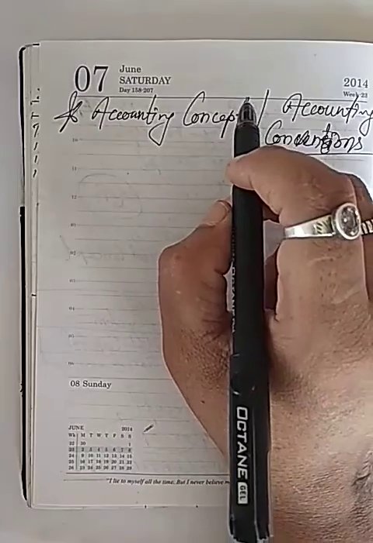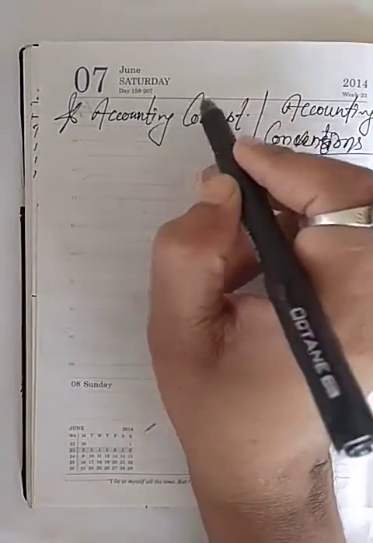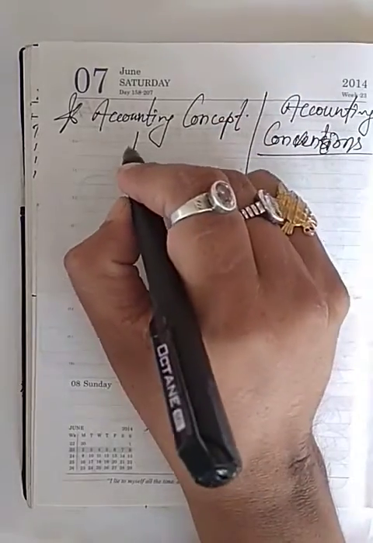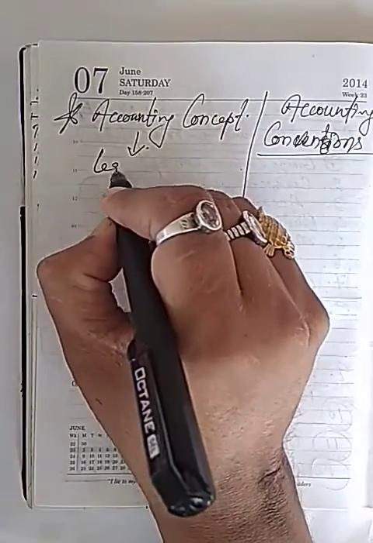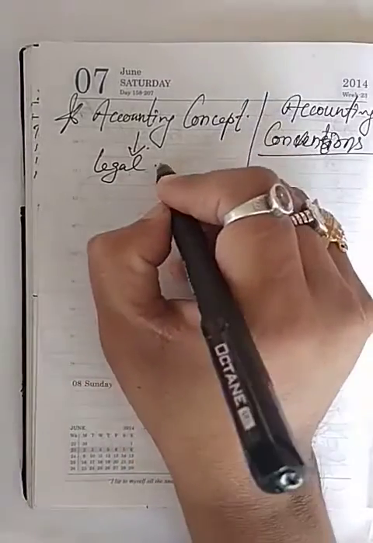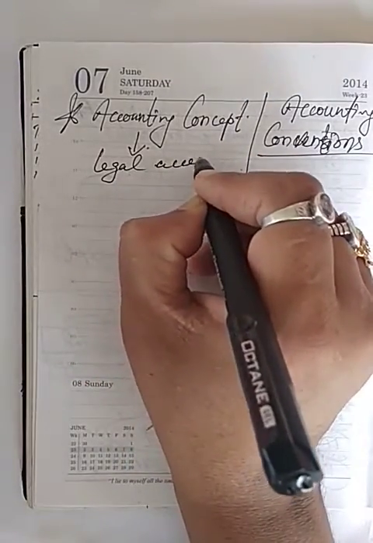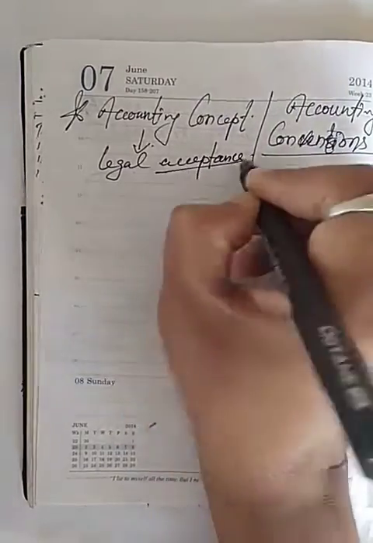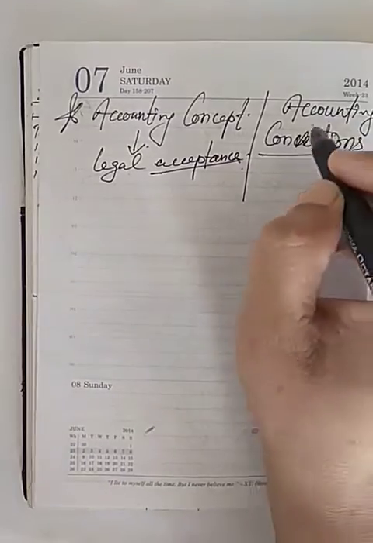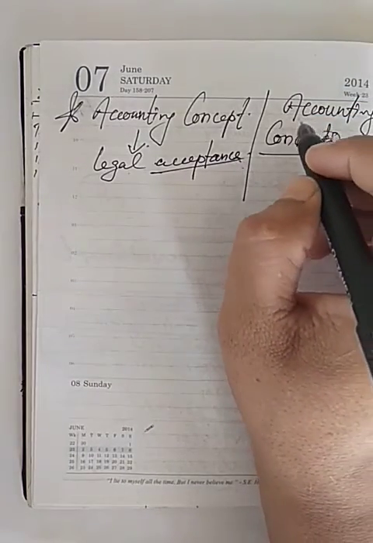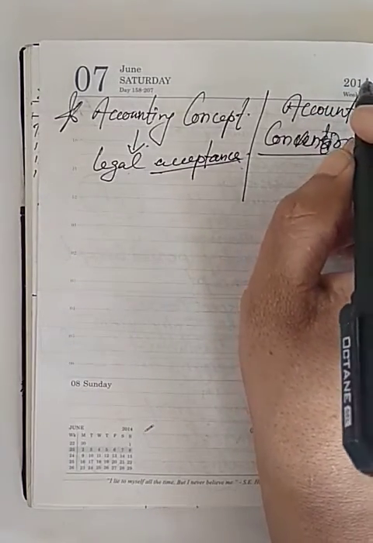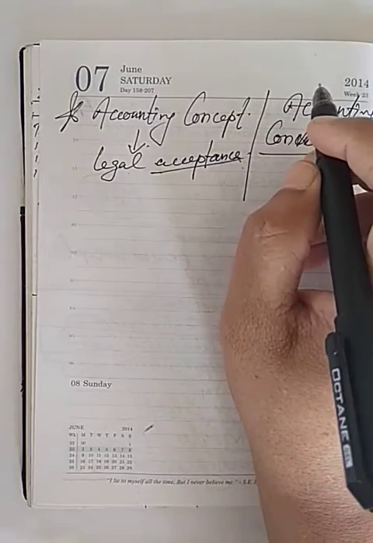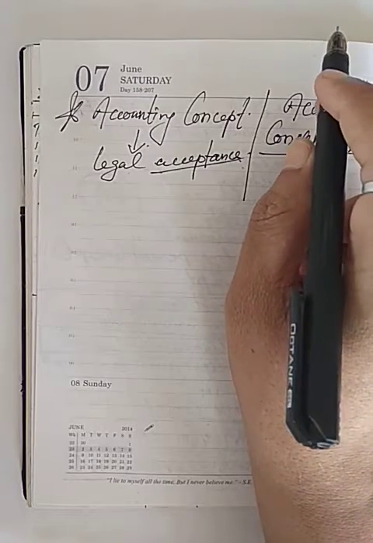So these are two different points. Accounting concept has legal acceptance. Accounting conventions have guidelines based upon custom or usage or general agreement.